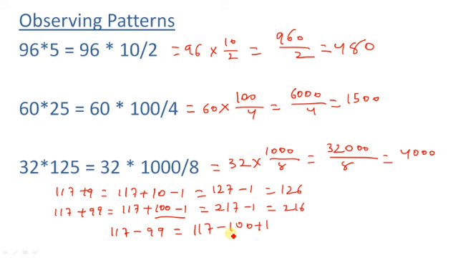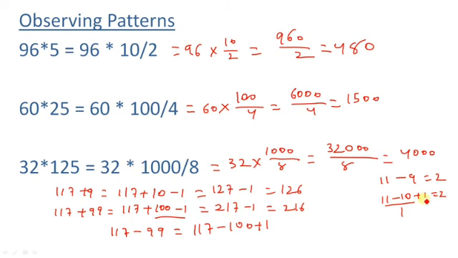For example, suppose I have 11 minus 9 is equal to 2. Now 11 minus 10 is equal to 1, plus 1 is equal to 2. We added 1 because we subtracted 1 more.